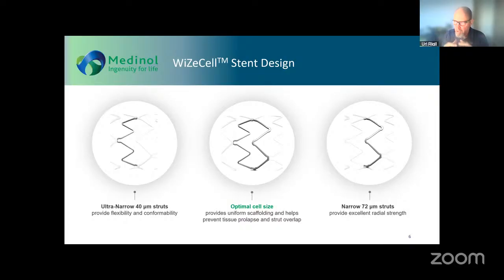The combination in a closed cell design provides the optimization, bringing a stent that can be delivered easily to the target lesion, and once deployed, can conform to the vessel wall, as we saw just now in the RCA that was presented, that shows a very nice result of conformability as well.